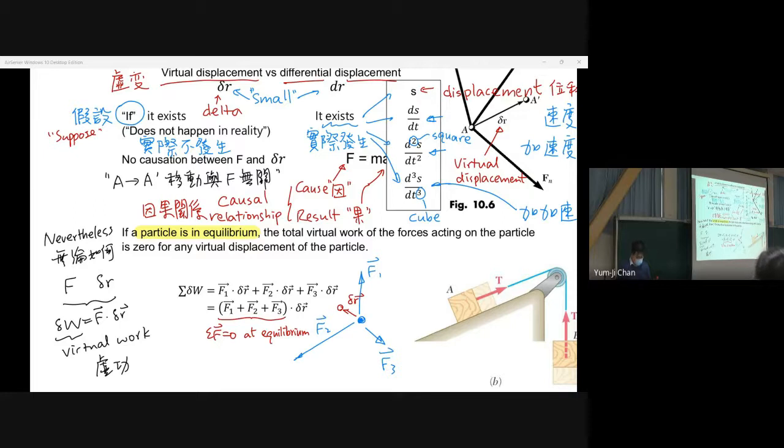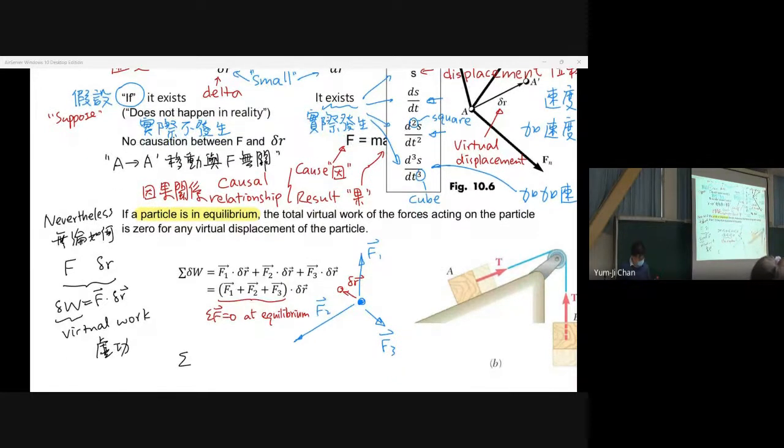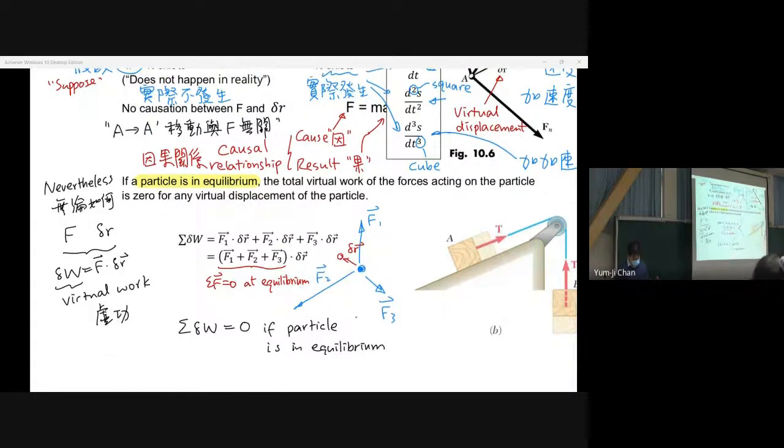Therefore, because we have 0 times something, we will have summation delta W equals 0 if the particle is in equilibrium. And this is the principle of virtual work. And I'll talk more about this on Thursday.